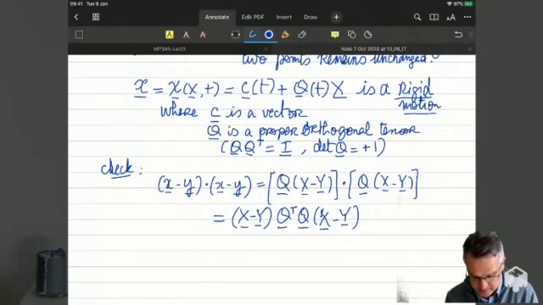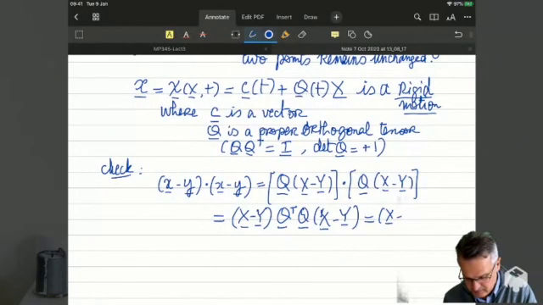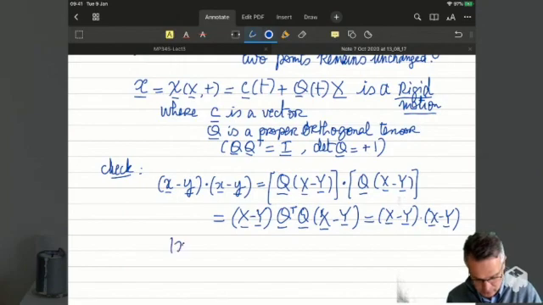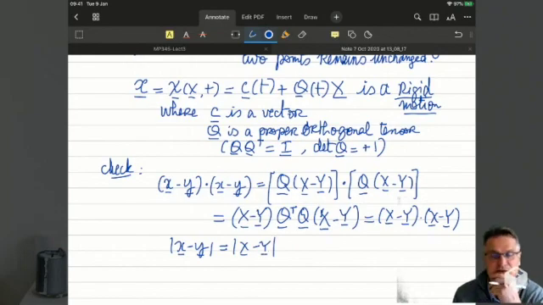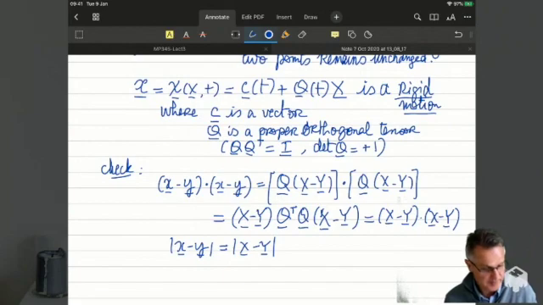And now QQ^T, that's the identity. And so I'm left with the original length. So the new length is the same as the previous length. I've taken just any point in the solid, and so indeed this is a rigid motion.